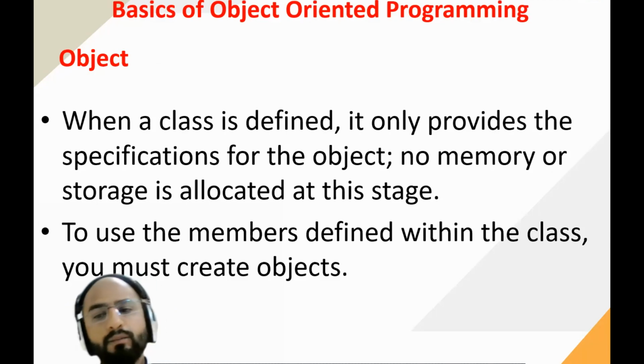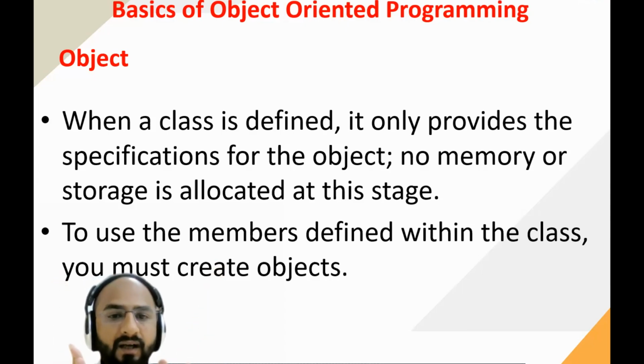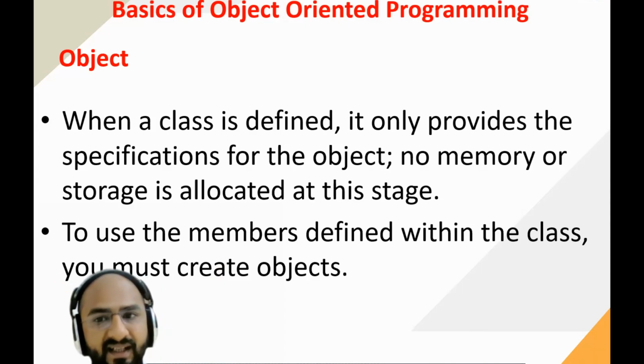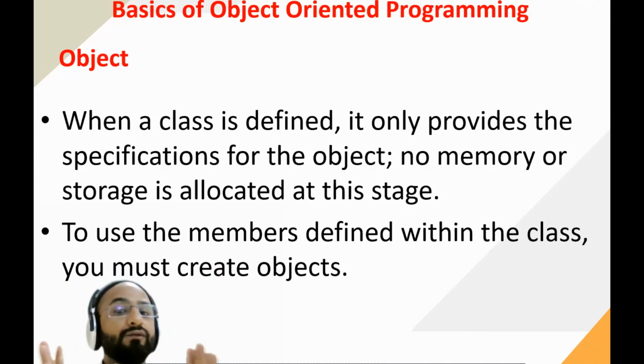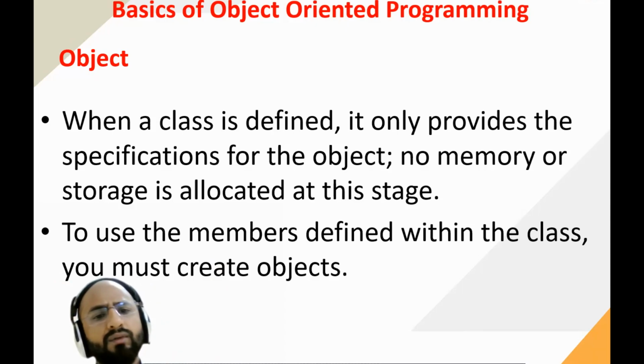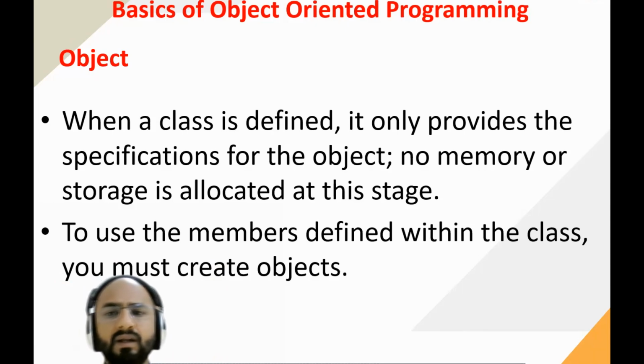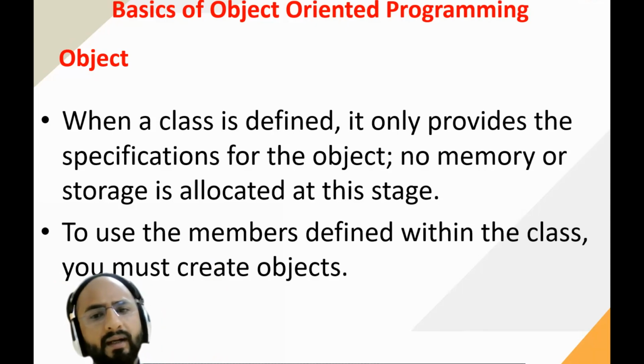Now let's discuss the object. When a class is defined, it only provides the specification of the object. As I told you, when we create a class, it is just a blueprint of that object. It is just a specification for multiple objects. If you are creating an object, that object will have these kinds of properties and this kind of method. No memory or storage is allocated at this stage.